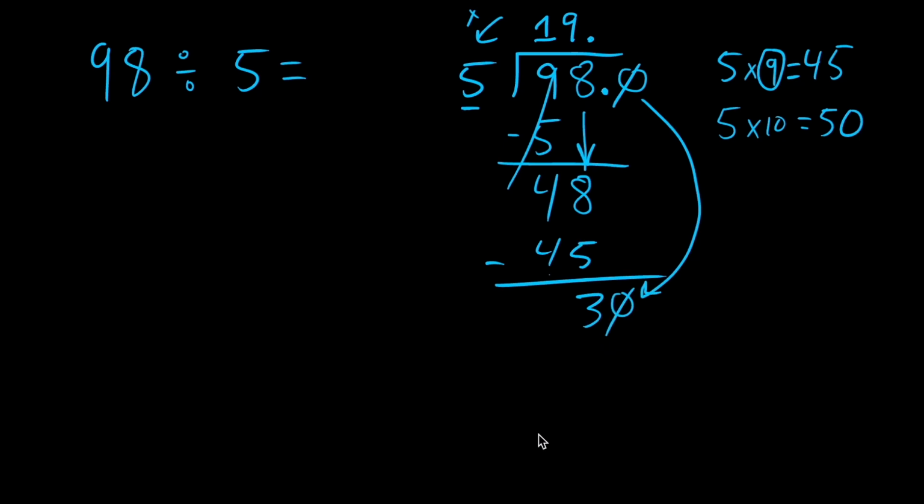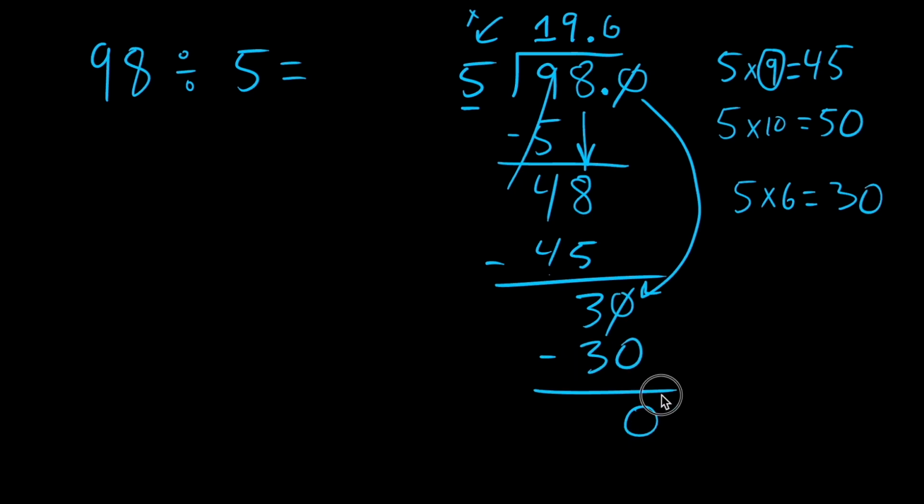Now we can figure out how many times 5 can fit into 30. Just know that 5 times 6 is 30. So we can fit 5 6 times in 30. We'll write 6 right up here. And what's 6 times 5? 30. So our remainder is 0. We have no remainder. So the answer is 19.6.